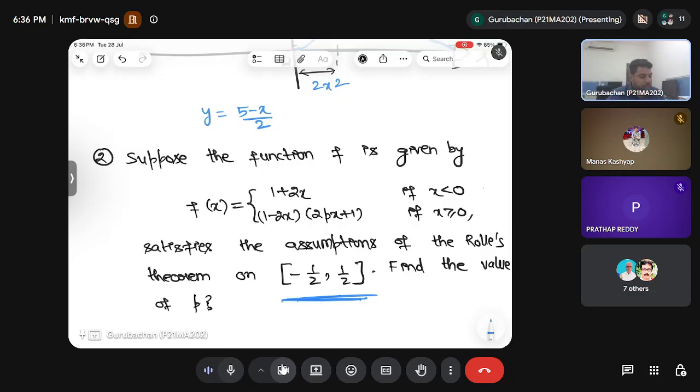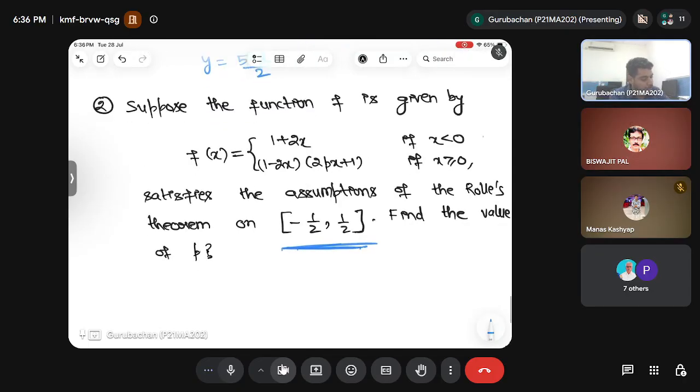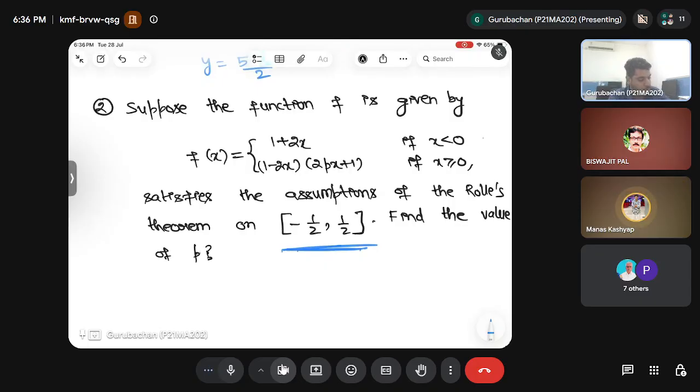So someone told the answer 2, p equal to 2. How did you get to know that it will be 2? Sir, by testing the differentiability at x is equal to 0. Correct, correct. So let me mention it here.